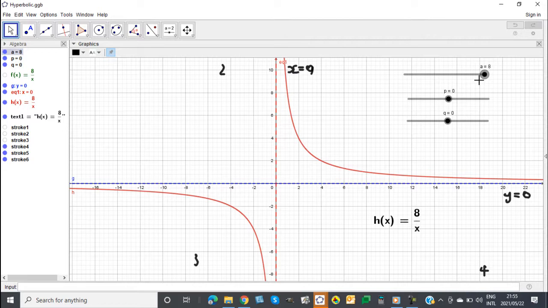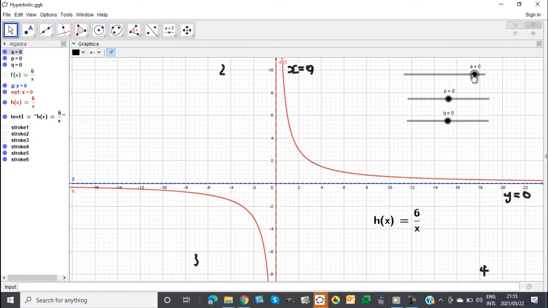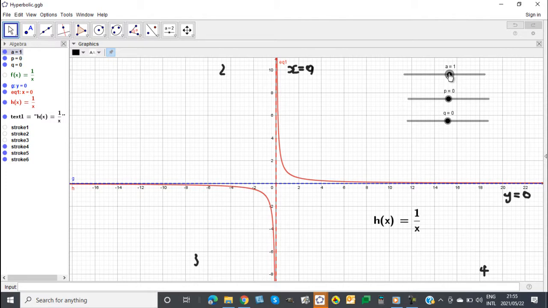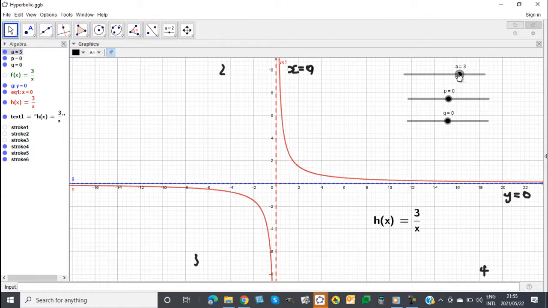I'll talk more about these quadrants because we are not necessarily referring to the quadrants formed by the x-axis and the y-axis, but I'll get to that.